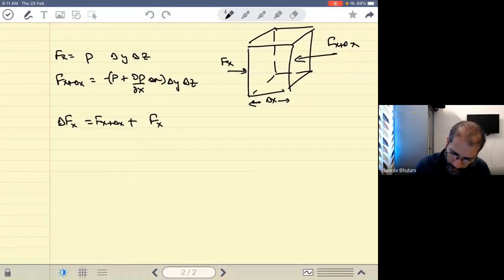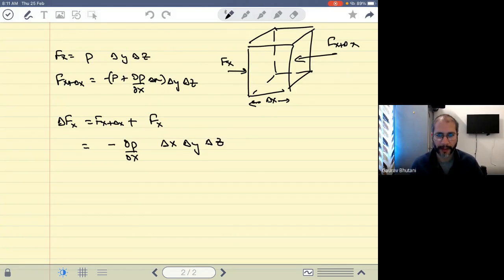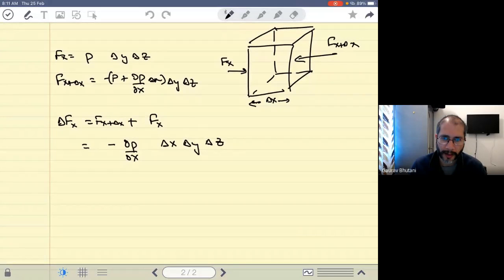So what you'll see is we end up getting minus del p by del x times delta x delta y delta z. So the net force is simply because of the difference in pressure between the x plane and the x plus delta x plane.